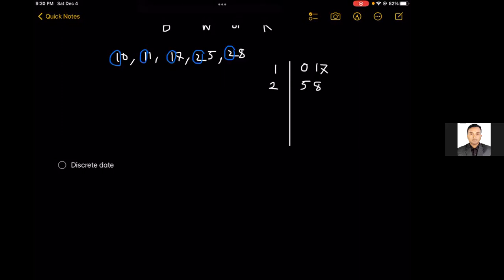So if we have a data set like this, which type of graph would be a good option? Okay, let's see. So obviously, a bar graph would work, right? Because we are working with whole numbers.